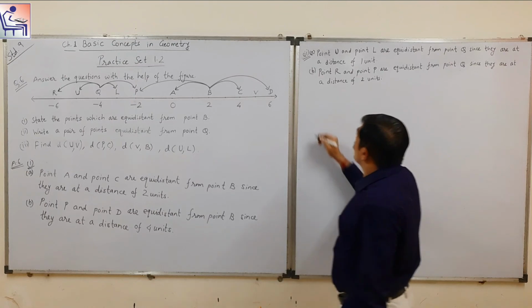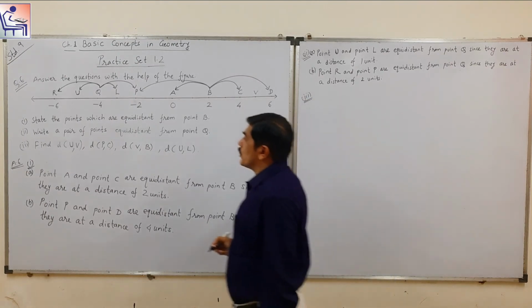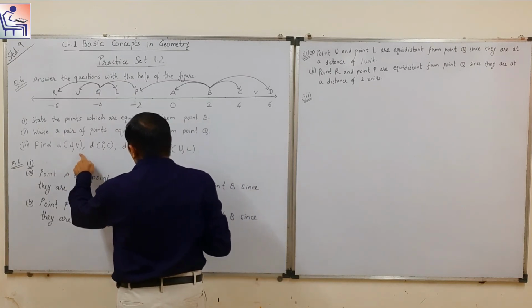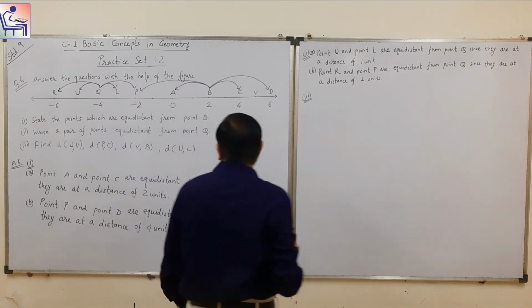Now we will move towards question number 3. In this question you have to find out the distance UV, distance PC, distance VB and distance UL.